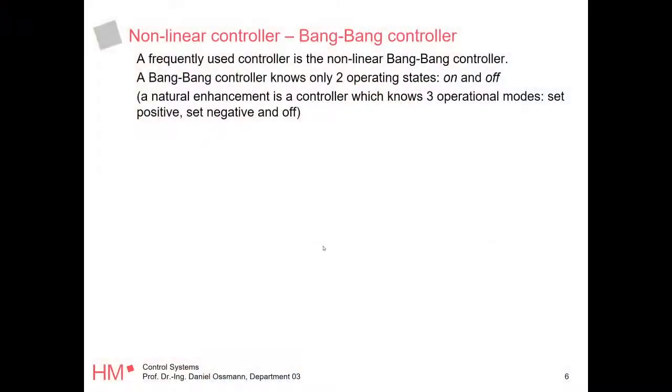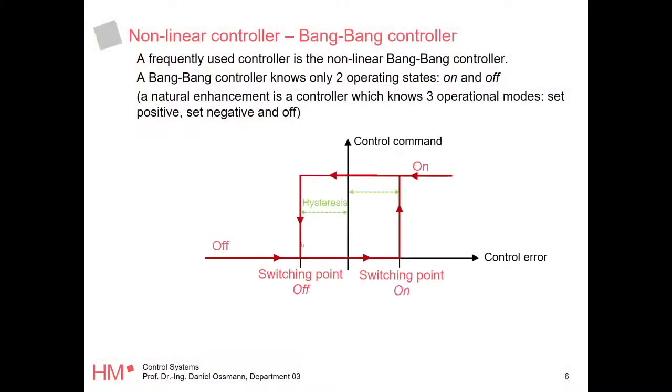That would be a 3-point controller, right? A lot of times you only have on and off, especially in the examples you will see. They are actually pretty simple. Okay, so if you want to draw a diagram of your control command over the control error, the simplest way is to say: my control error E, and then I have a control command which is basically 0 command, and on and off, right?